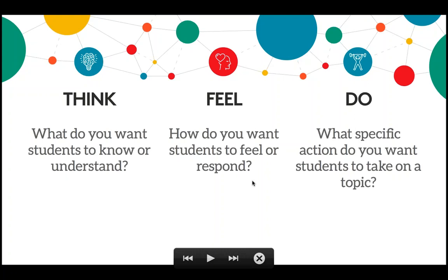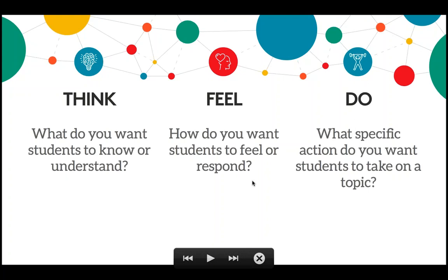All right, so we have the foundation of good and bad, and we're keeping the word measurable in mind, and thinking about some good action verbs you might come up with too. Now we're going to see where performance objectives may focus. There are three big overarching areas. The think: what do you want students to know or understand? The feel: how do you want students to feel or respond to something?